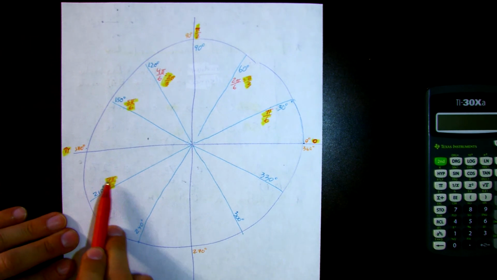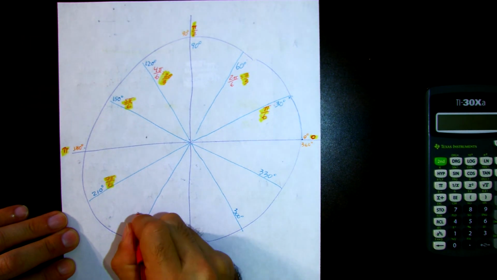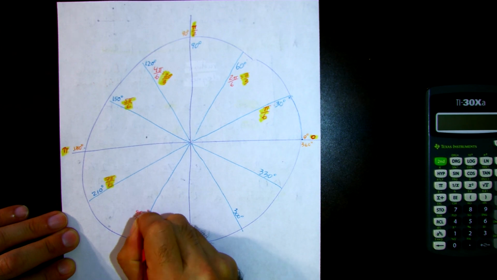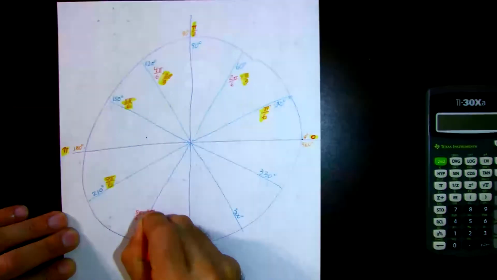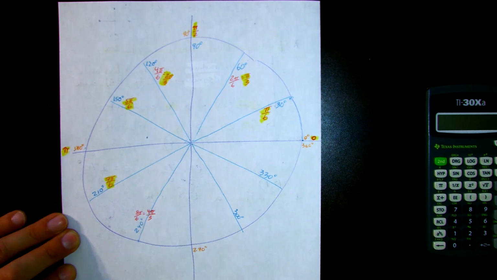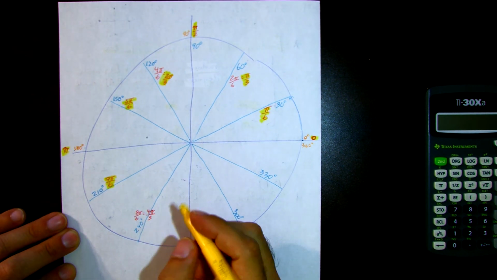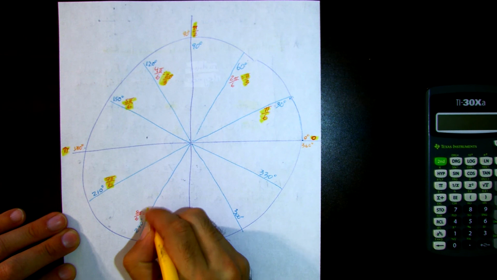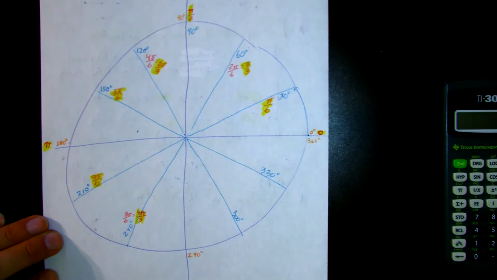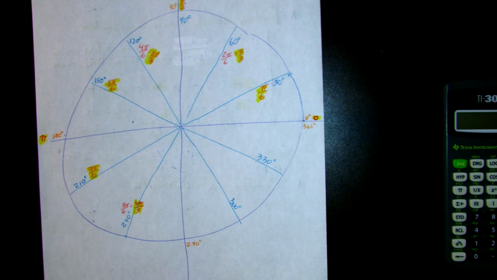Okay, and I'm not going to keep counting them up like that. We could see that that's 7 pi over 6, so this is going to be 8 pi over 6, which is 4 pi over 3. We just keep adding one more sixth, and we reduced as we go for what we can reduce.